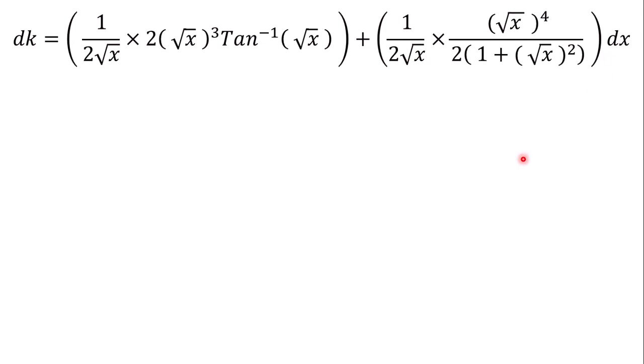The du. du was equal to 1 over 2 times square root of x dx. So here actually is supposed to be the whole of this one in one bracket times 1 over 2 square root of x dx.